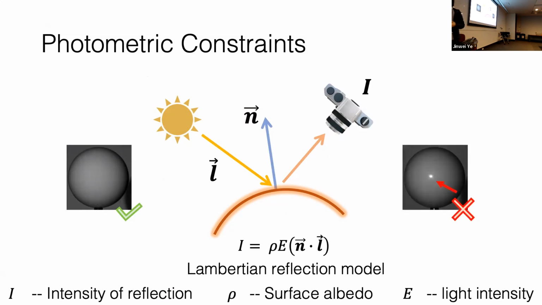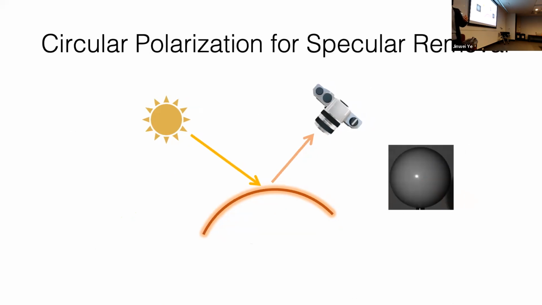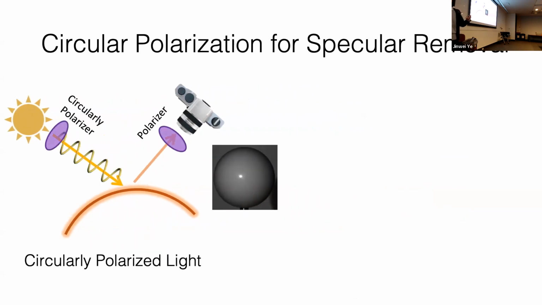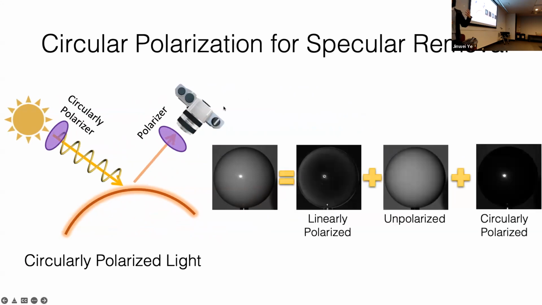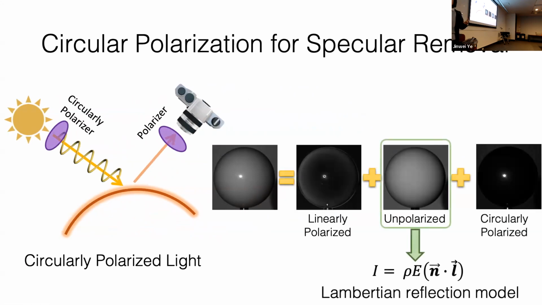In our system, we're using circular polarized light for removing this annoying specular reflection. Again, we do the decomposition to separate out the component that is purely diffuse.